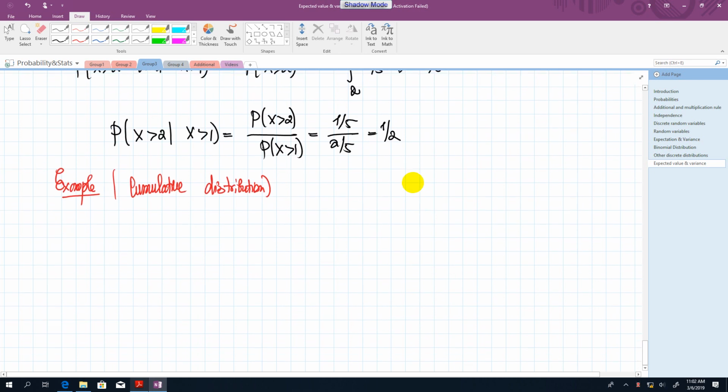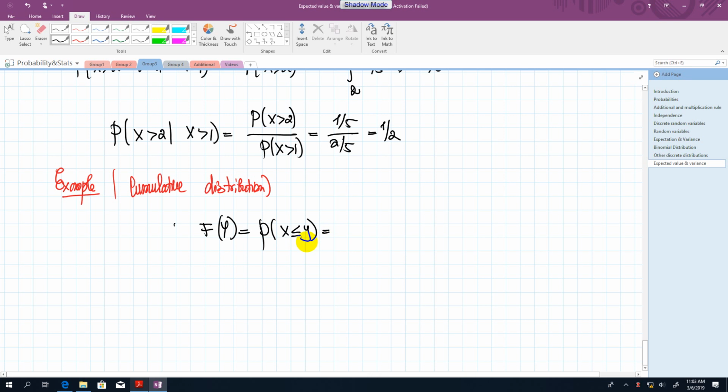Do you remember what we call a cumulative distribution function? Previously, if the mass function is given as p of x, then the cumulative distribution function F of y is equal to the probability that x is less than or equal to y.